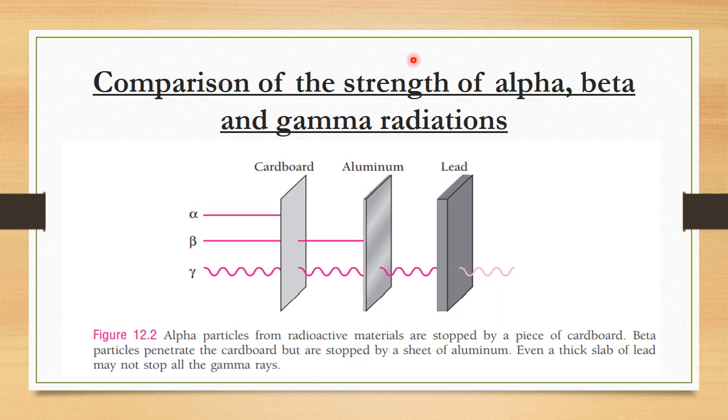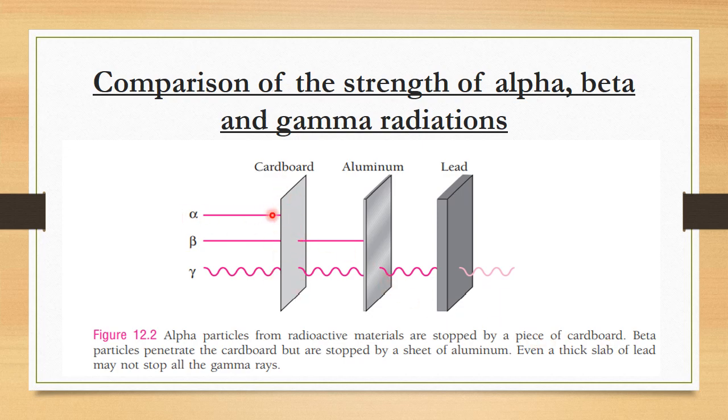Now we compare the strength of alpha, beta and gamma radiations. Here is a cardboard, here is an aluminium plate, and here is a thick lead slab. Alpha particles from a radioactive material are stopped by even a piece of cardboard.